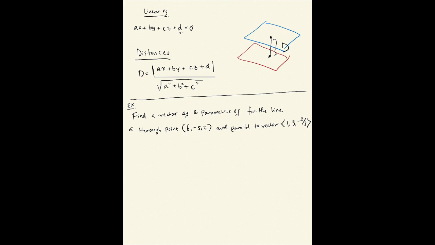So r0, because the question is quite simple, it just says through a point and parallel to a vector. You have the point, so let's make the point your initial point and the vector your direction. So r0 will be a vector, meaning the point from the origin 0, 0, 0. And then vector v is 1, 3.